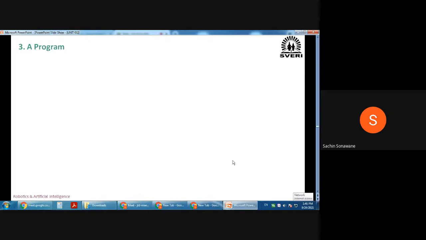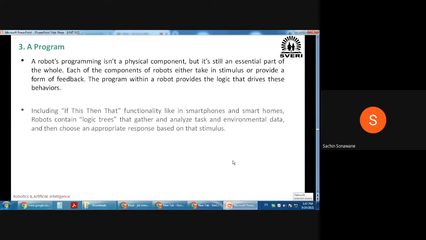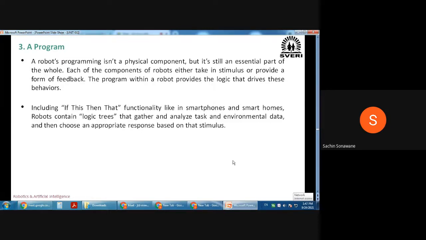Now, next is program. A robot's programming isn't a physical component, but it's still an essential part of the whole. Each of the components of robots either take in stimulus or provide a form of feedback. The program within a robot provides the logic that drives these behaviors, including if this then that functionality like in smartphones and smart homes.